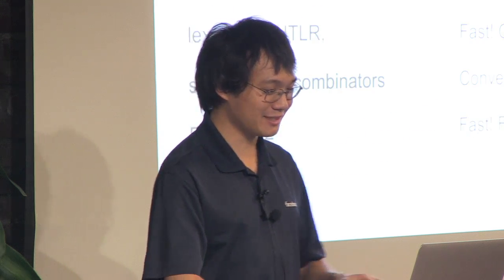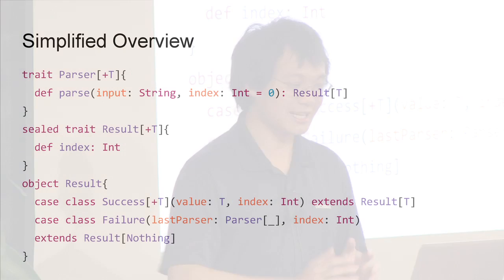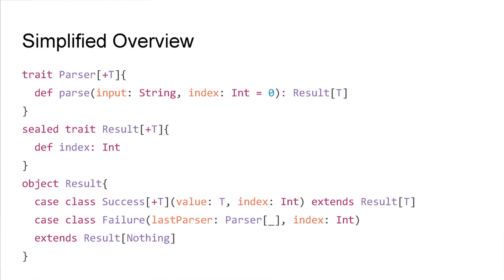So into this crowded market steps FastParse. FastParse, at its core, looks like this. A parser, which is parameterized, a parser of type T has a method parse, which takes an input string and an index to start at. You can start somewhere halfway through the string.